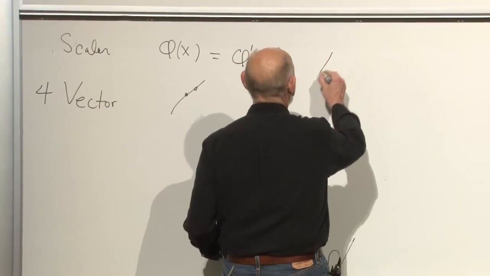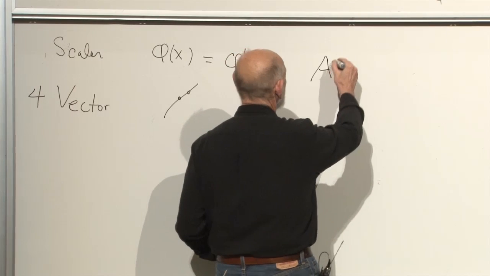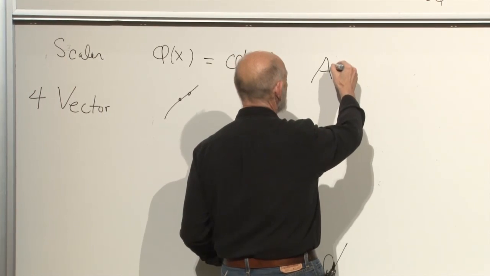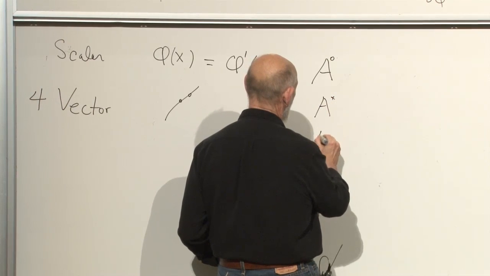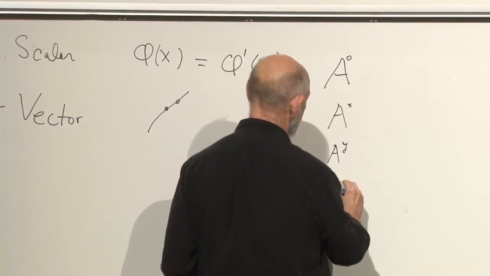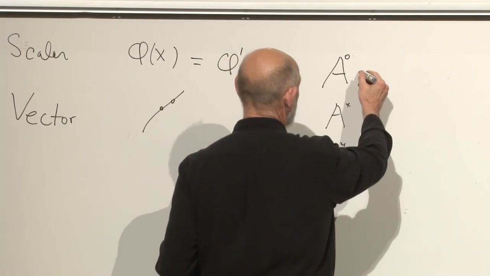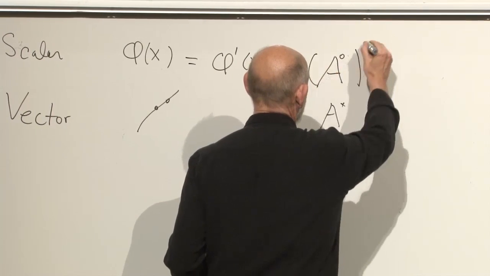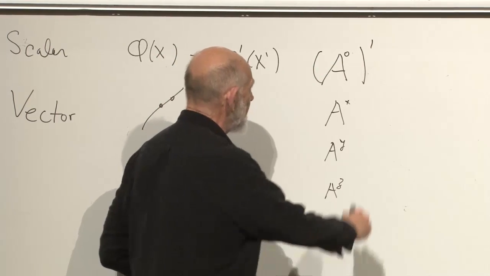So a 4-vector has 4 components. We can call it the time component, but we're used to calling it a naught. A x, a y, and a z. And the transformation properties of these things, in my coordinate system, I call them prime.